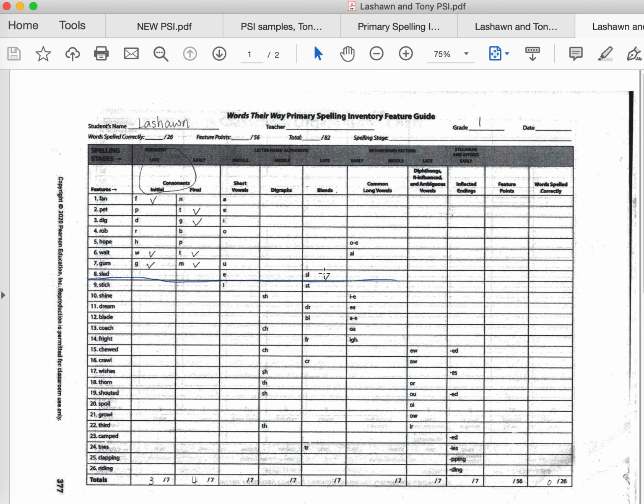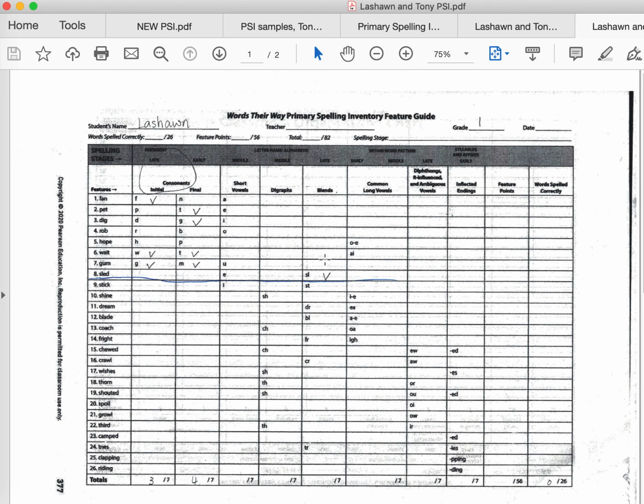The spelling features on the feature guide do reflect a typical developmental sequence from left to right across the top, meaning that initial consonants are typically understood first, then final consonants, then short vowels, and so on. So why might the SL blend be so familiar to LeShang that he spelled the blend correctly?